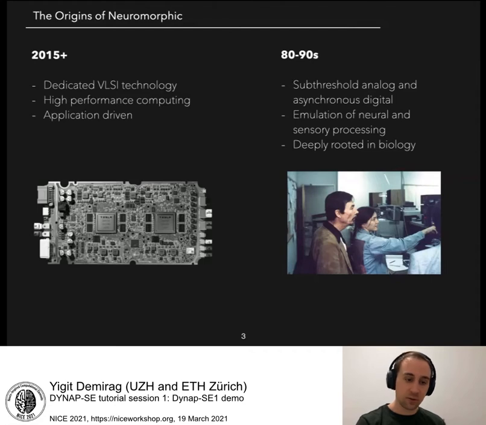Some of them include developing high-performance computing platforms for neuroscientists. There's also a strong market momentum that really shifts the motivation towards application-driven inference chips.